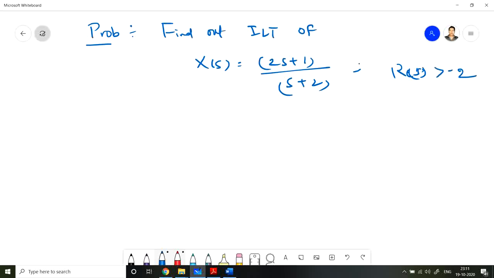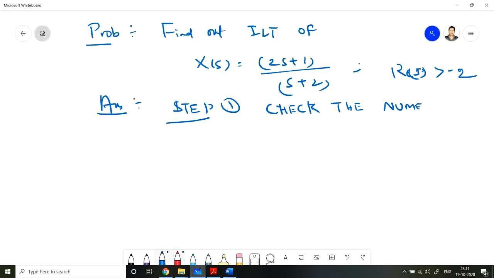So for this type of problem, step 1, check the numerator and denominator degree.